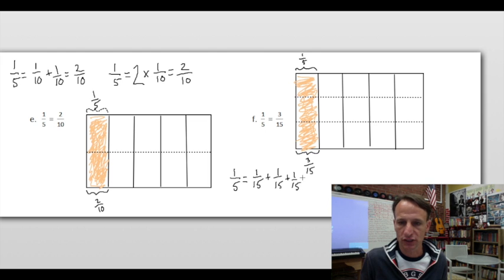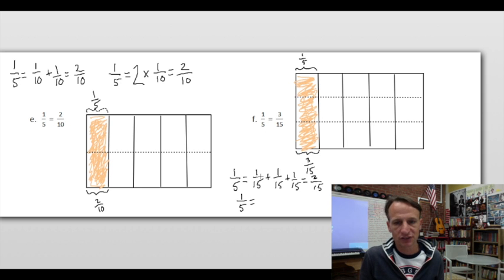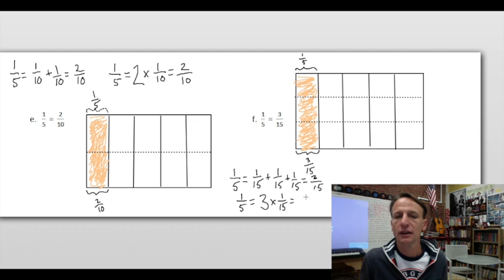Getting dangerously close to my model there, which is a total of 3/15. Sorry, a little squishy there. Writing that as a multiplication sentence then, how many times did I write 1/15 here? 3 times. So 3 times 1/15, which is 3/15. You got it.